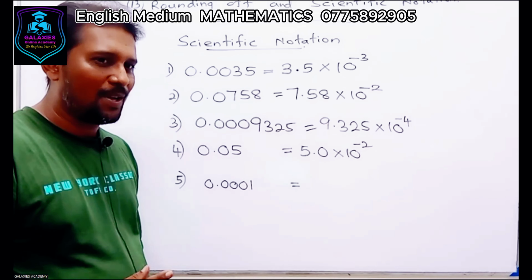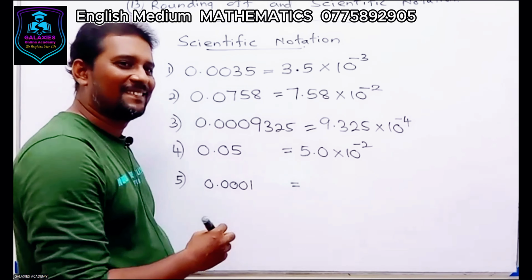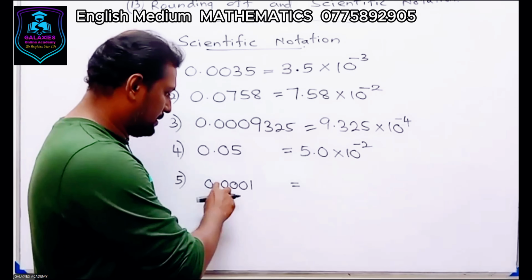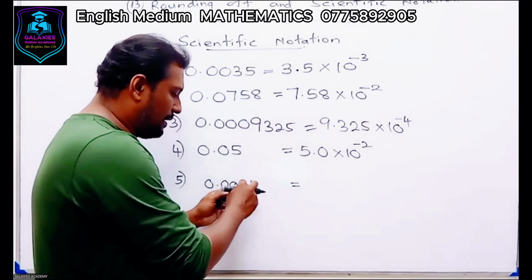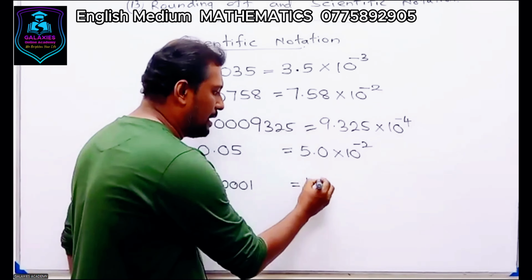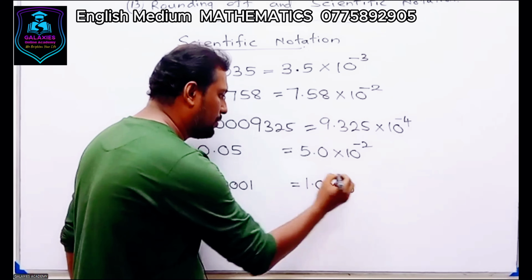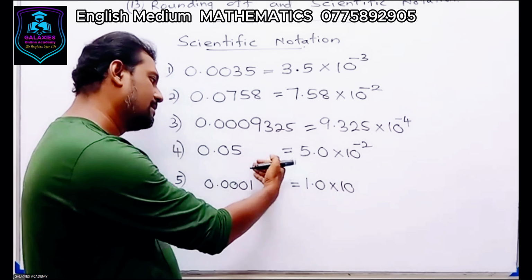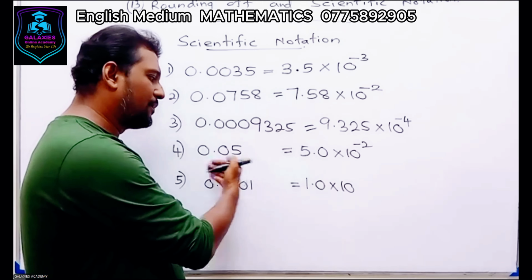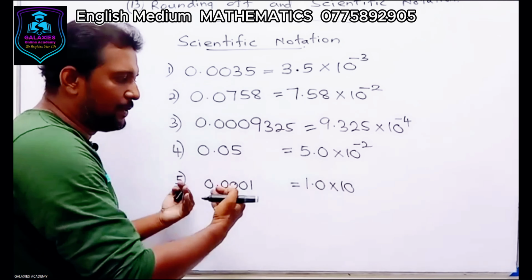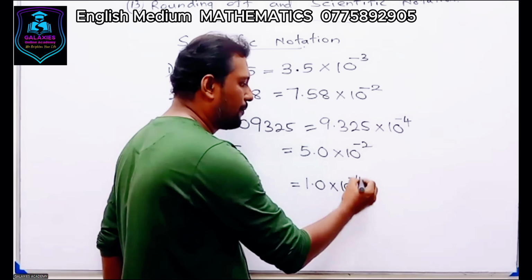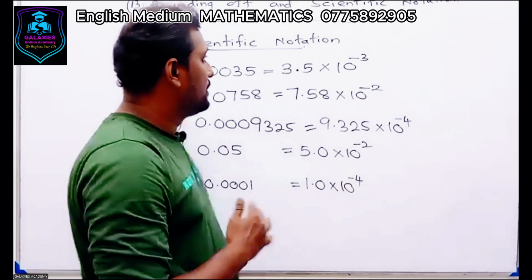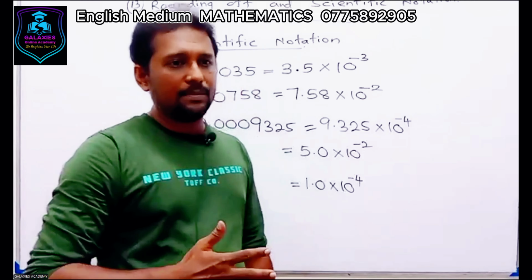Minus 4. Right. After 1, you have to keep the decimal point. 1.0 multiply 10 to the power 1, 2, 3, 4. 4 places, which direction? Your left hand side. Left hand side means negative direction. So negative 4. Right, it is the scientific notation writing method of any number.